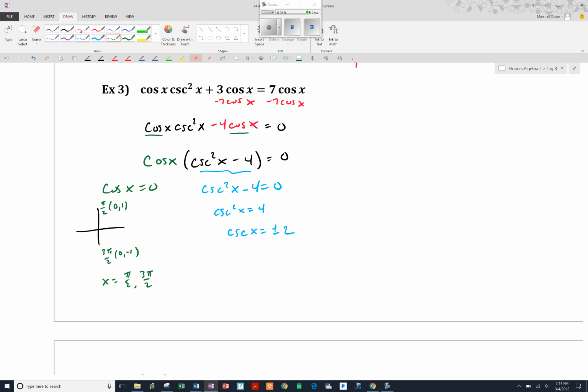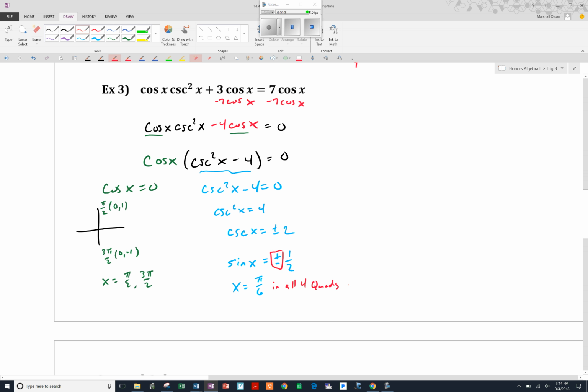Or I could say right now, I know that cosecant is the reciprocal of sine, so I'll take the reciprocal of both sides. The reciprocal of cosecant is sine. So I have sine equals positive negative 1/2. So that means that x has to be the angle whose sine value is 1/2. That's pi over 6. And since it is positive and negative, we are looking in all 4 quadrants.